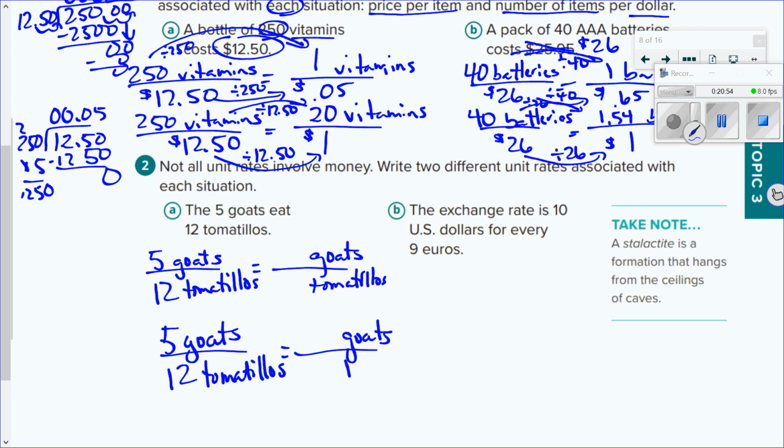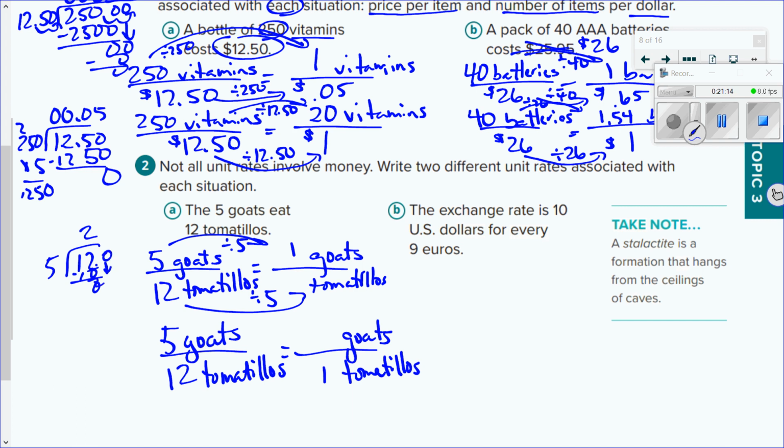So in my setups, all I'm going to do is change one top to 1 and one bottom to 1. Then I just go 5 to 1, divided by 5. So I take 12 divided by 5, goes 2, add a 0, bring my decimal up, goes 20, so that's 4, so minus 20.